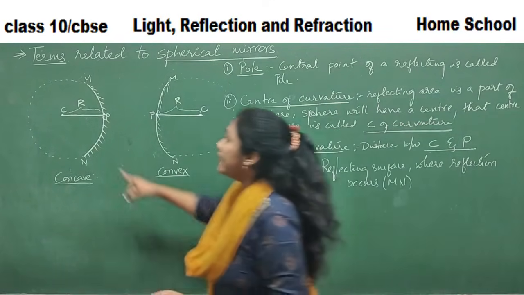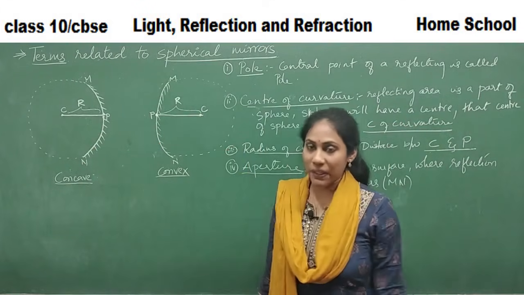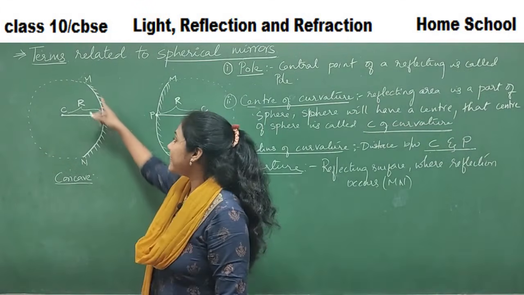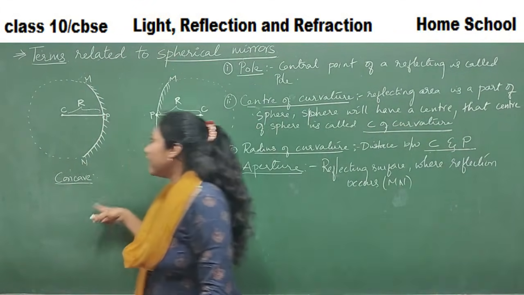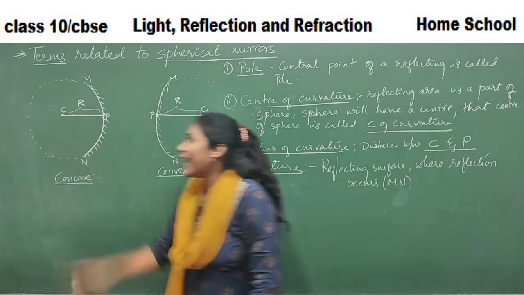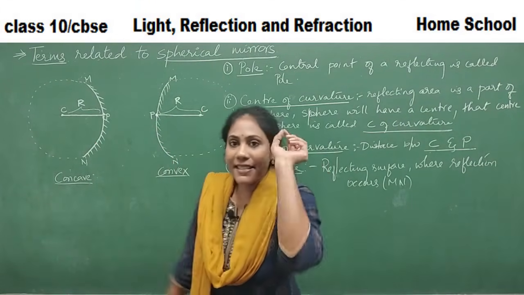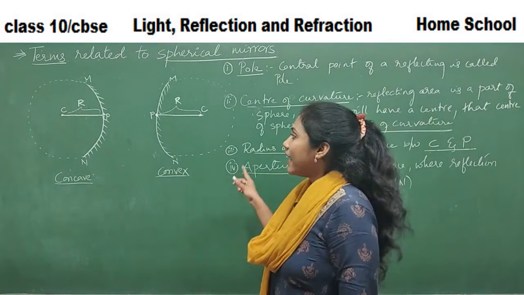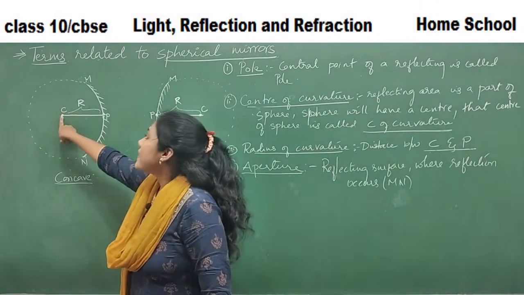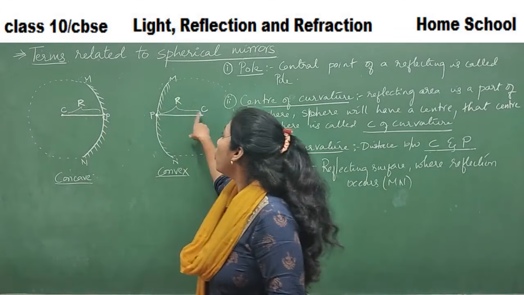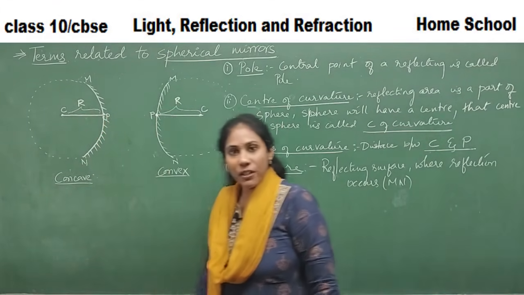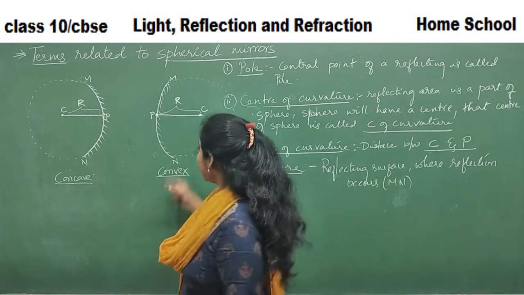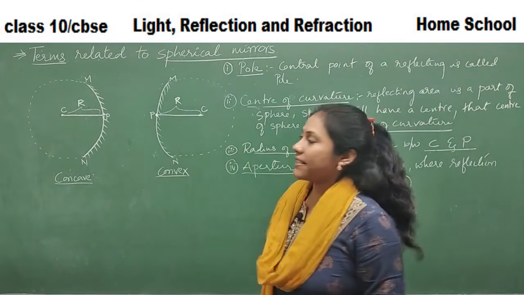The center of curvature is the center of the sphere. If you imagine the reflecting surface is a part of a sphere, then the sphere will definitely have a center, and that is called the center of curvature. The distance between the center of curvature and pole is called radius of curvature, and aperture is nothing but the reflecting surface.